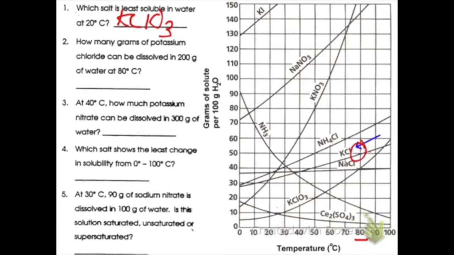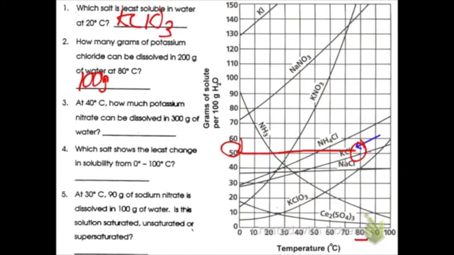So how many grams of KCl does it say we can dissolve at 80 degrees Celsius? Well, if I follow this line across, I can do 50. But that's in 100 grams of water because that's what our graph says. And I've got 200 grams, so I can double that number. So you take the 50 the graph says and you double it, and we get 100 grams of KCl.